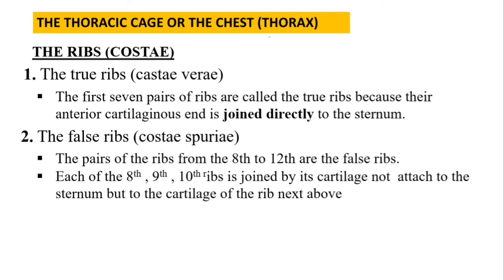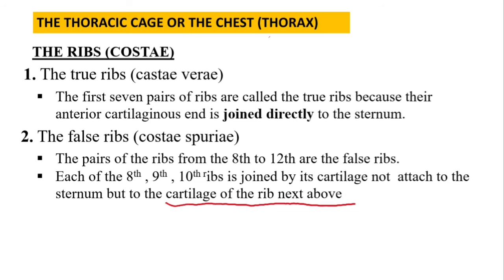About false ribs. The pairs of ribs from the 8th to the 12th ribs are false ribs. Each of the 8th, 9th, and 10th ribs is joined by cartilage, not attached to the sternum, but to the cartilage of the rib next above it. So it's a very important concept. Okay, so that's from 8 to 10.